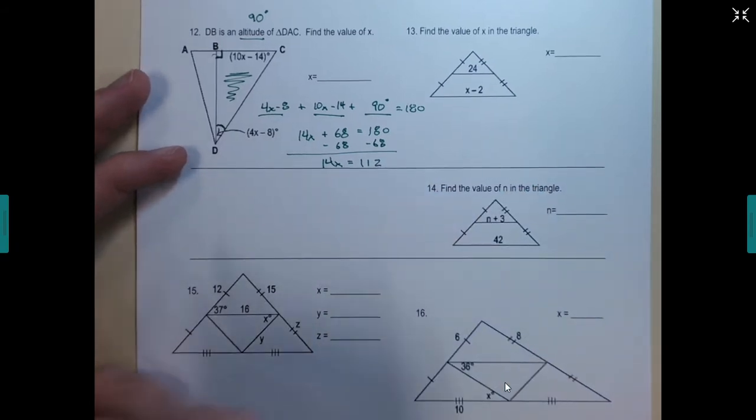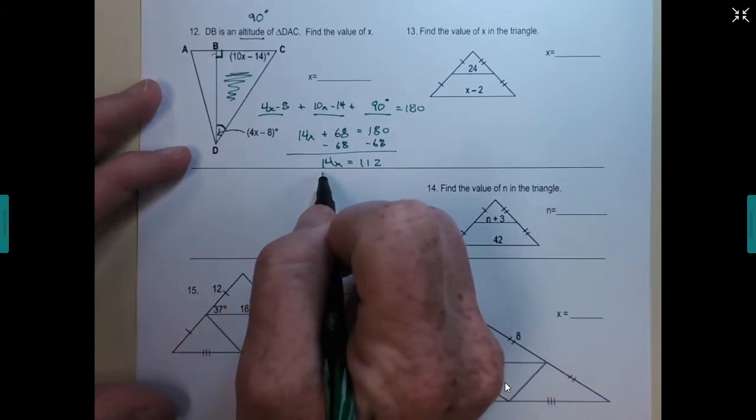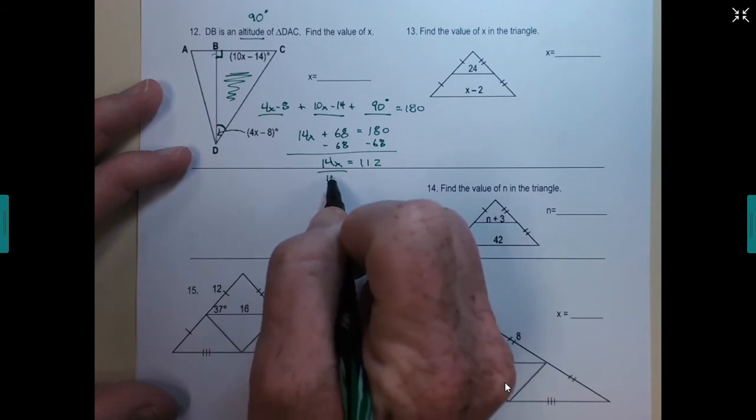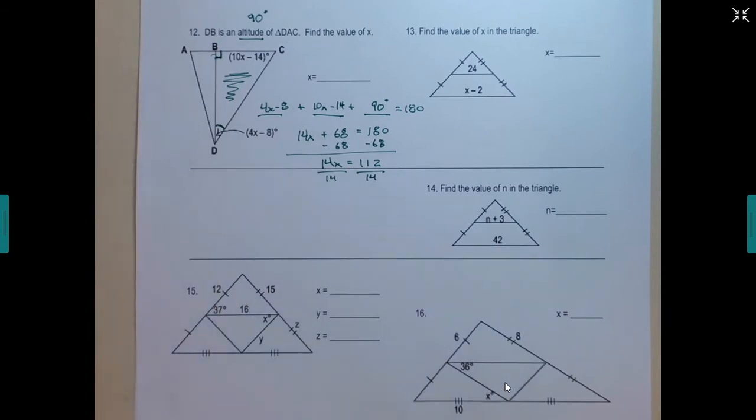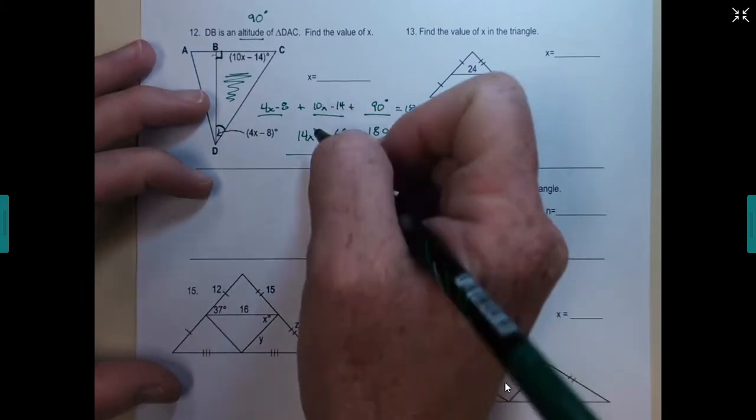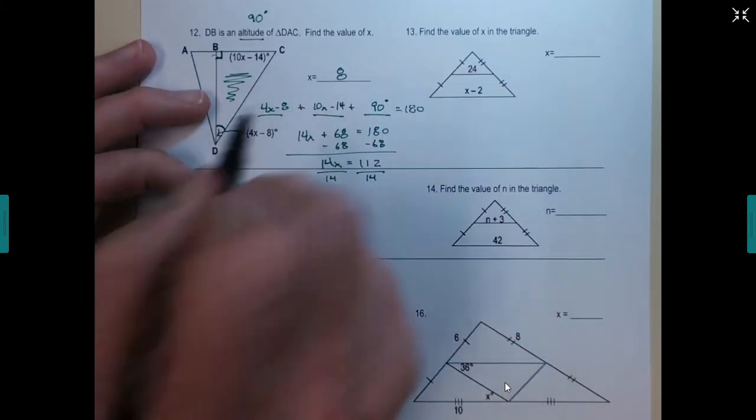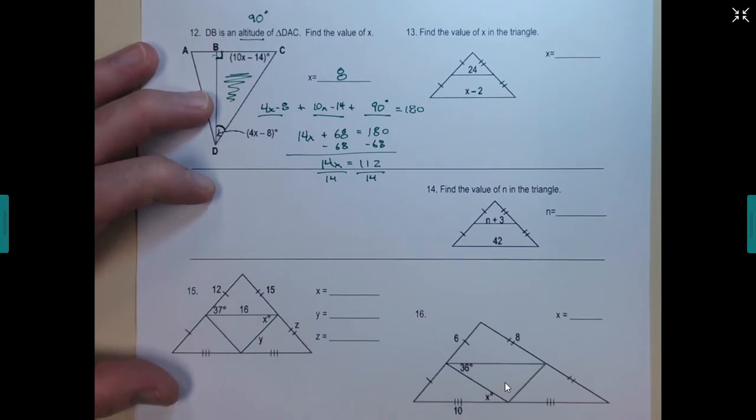And then divide by 14. So what is 14 into 112? Well, that happens to be 8. x equals 8. Hope that's right. I didn't check my math on that.